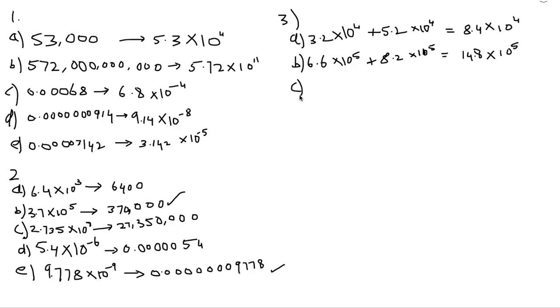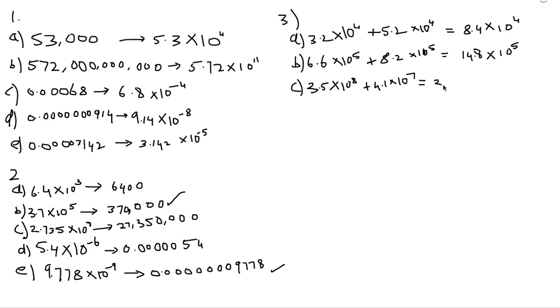So the next question is 3.5 times 10 to the power 8 plus 4.1 times 10 to the power 7, which equals, we're going to have to do something to make this 10 to the power 7. So what we're going to do is write 35. In order to move the decimal one place towards the right, the exponent will decrease by 1.